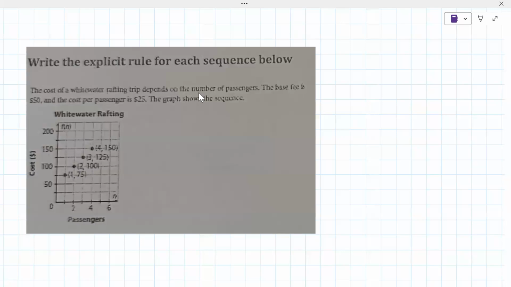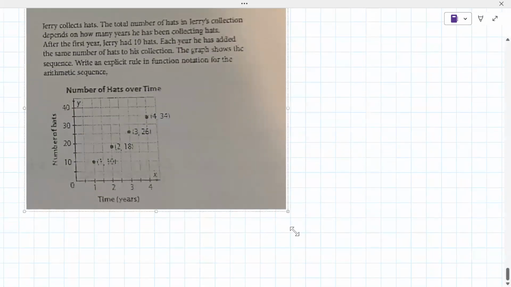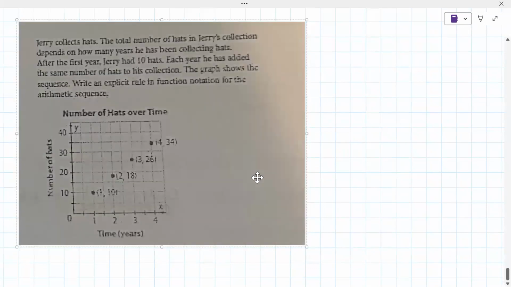The f of n equals 50 plus 25n. You got it. So see if you can do that next one there on the right. I believe that's a 10 there, which might be hard to see. Yep.